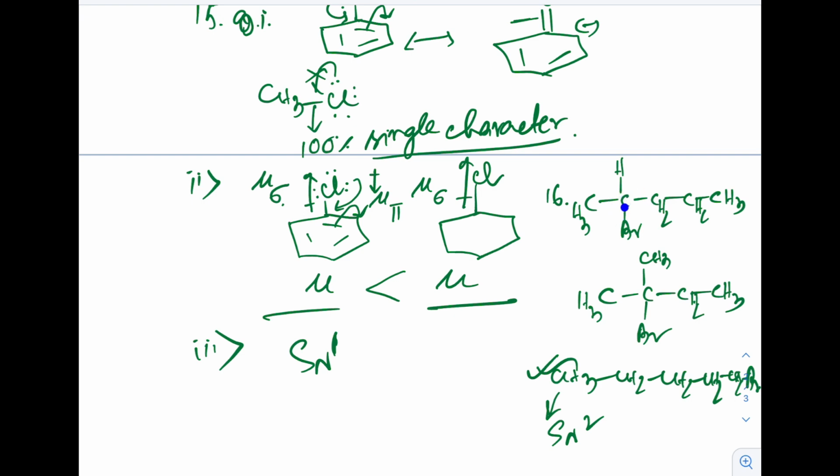This is a chiral carbon, because with this carbon, 4 different groups are attached. Here we are not getting any chiral carbon. So this compound is optically active.